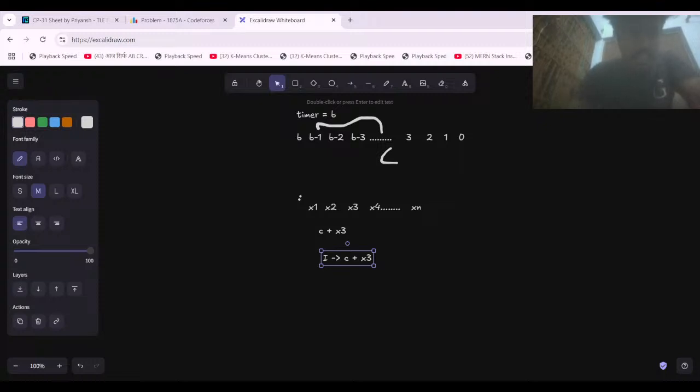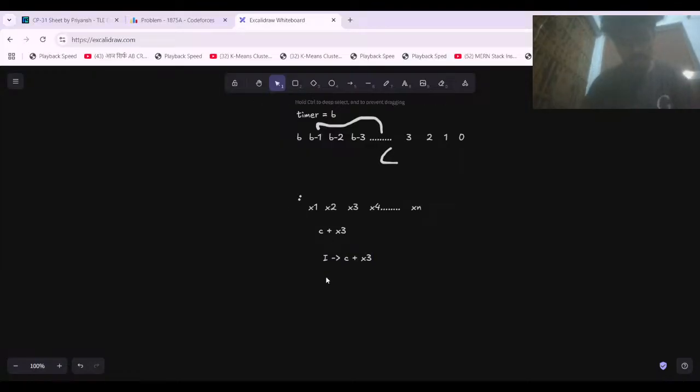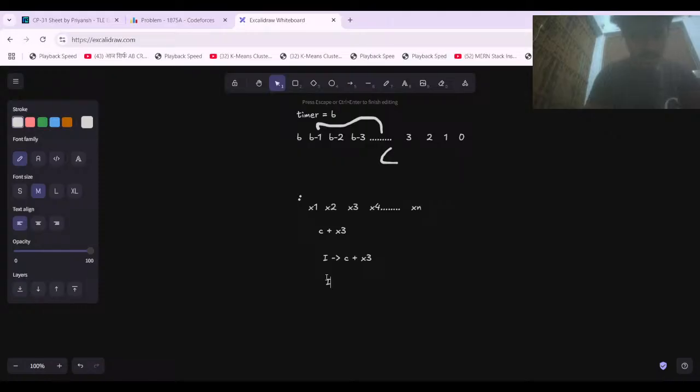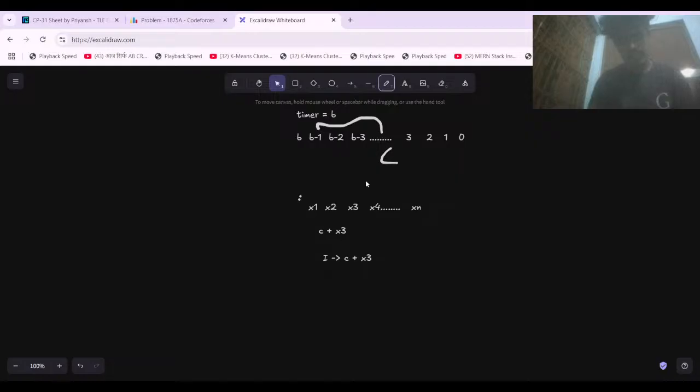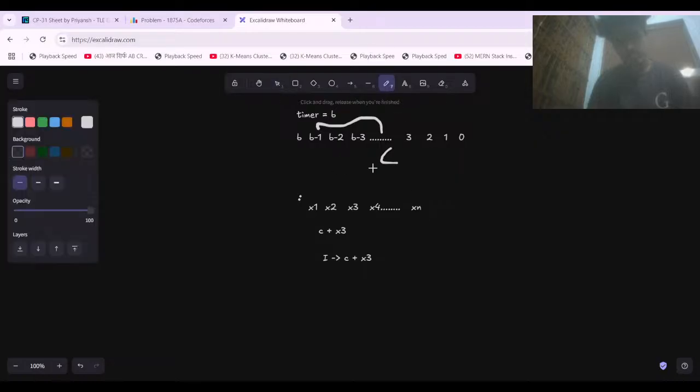where you go from C to some other tool. Let's say you use the X5 tool, so C plus X5.